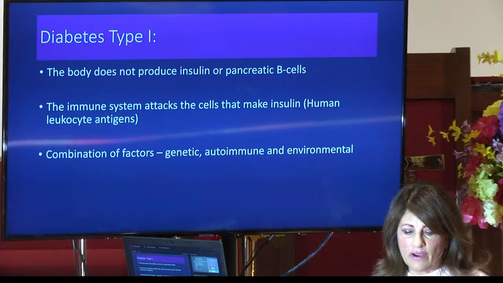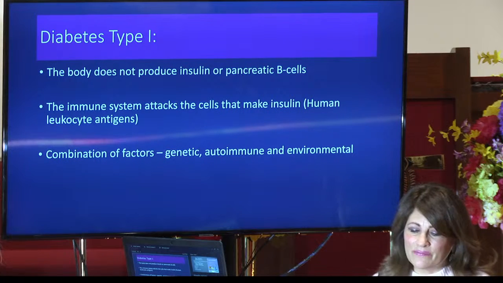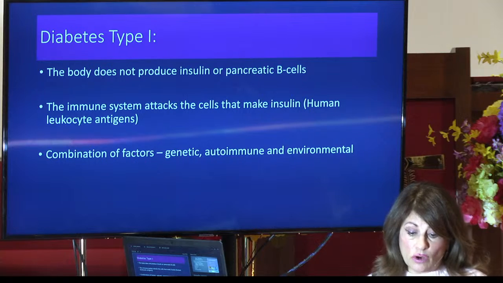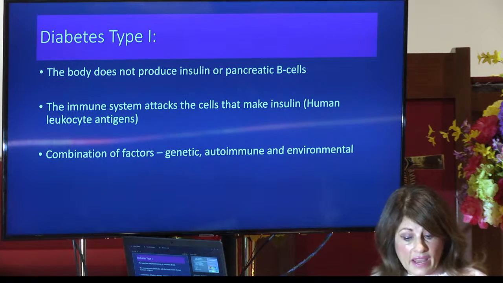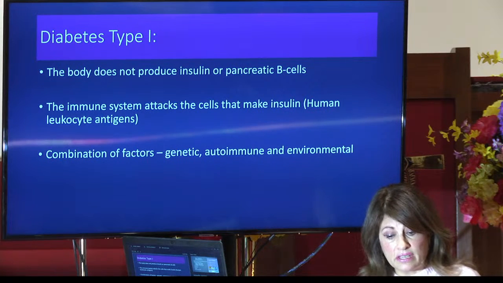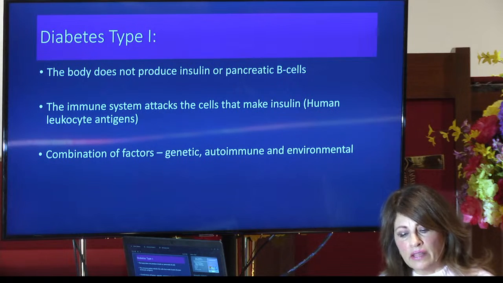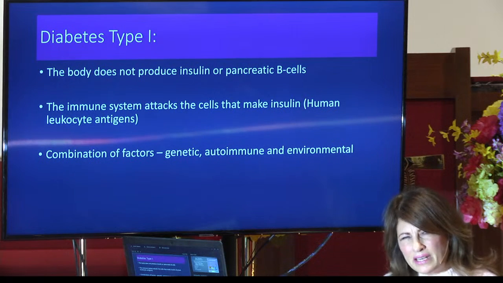Also, we have an idiopathic diabetes, which is, we're not really sure what happened. It could be strongly inherited, maybe not autoimmune. Often happens in Hispanics, African American, and Asian ethnicities. There is a type 1 diabetes that is latent autoimmune diabetes. It happens in later life, but it is rare.